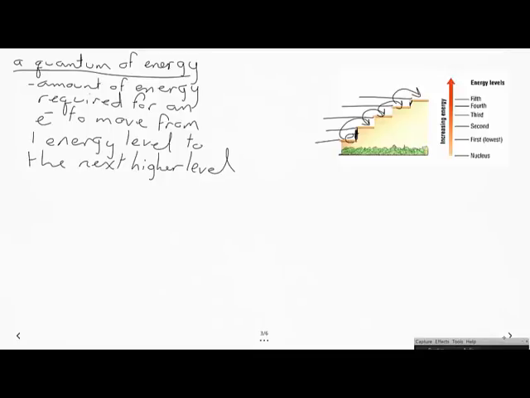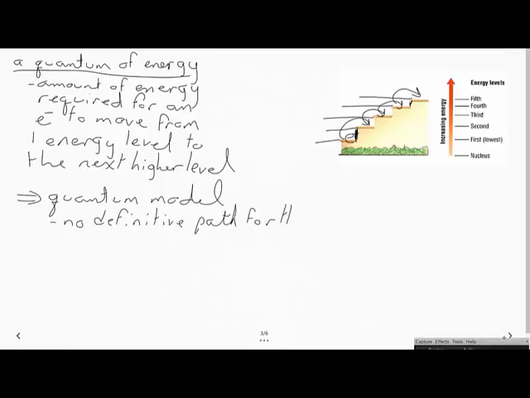Instead, there's a really good probability of where you will find it. So all of this led to the quantum model, which again says no definitive path for the electrons, just a probable position.